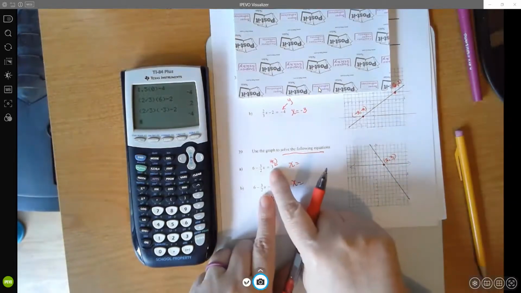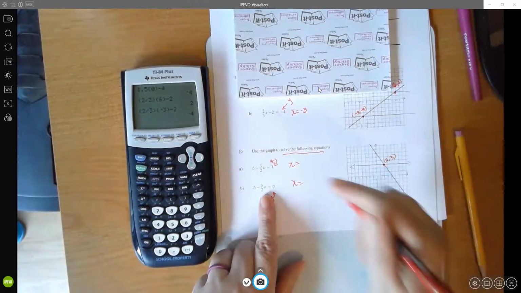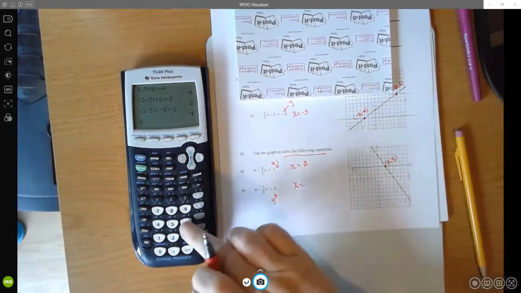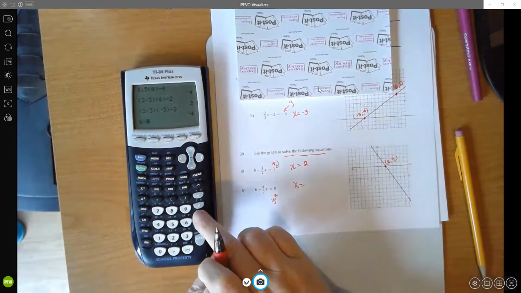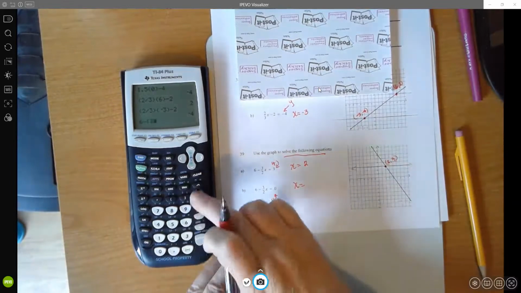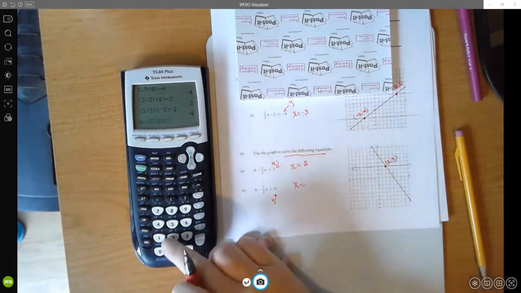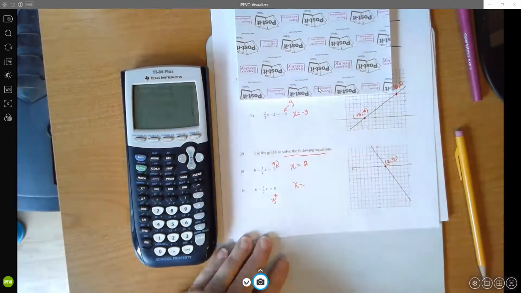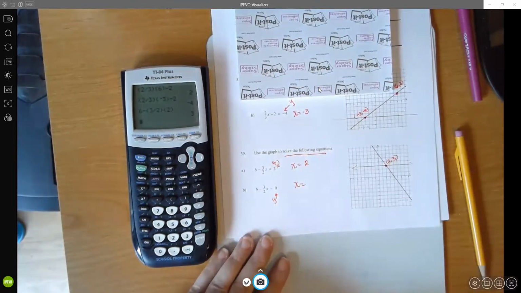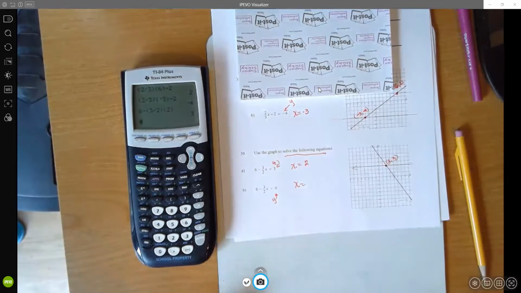I know I'm given the y value. The answer is that x value. And if I wanted to check it, I would type in 6 minus 3/2 times 2, and that would give me the 3, which I should expect it to do.